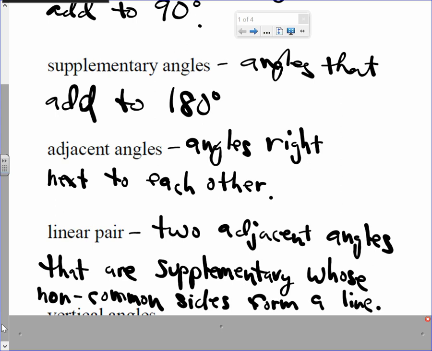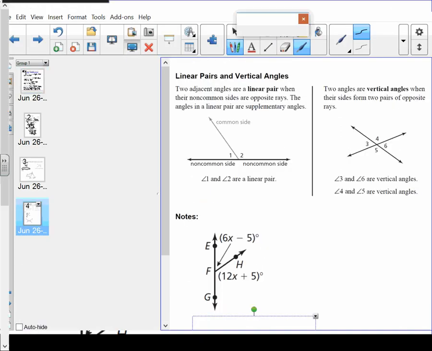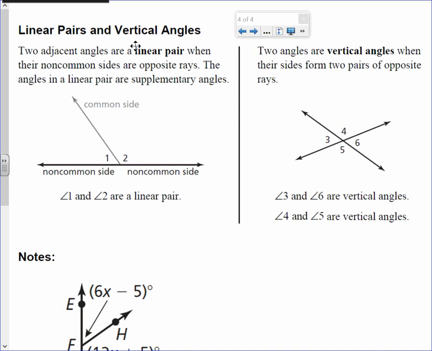Let me write that down. So if you flip the second page all the way at the bottom, we have a picture of linear pairs.